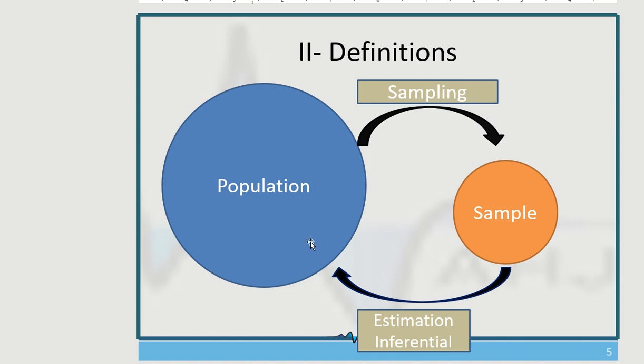So generally speaking, a population is all elements, and I'm saying elements because it could be people, it could be anything, depending upon what you're studying. So all the elements that meet a certain criteria that you set depending upon your research question. If you want to study LAU students, the criteria would be to be LAU students. If you decide to study, for example, those that suffer from migraine, then your population would be all the people suffering from migraine.